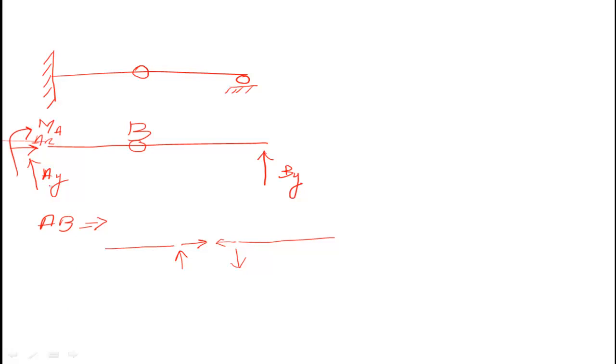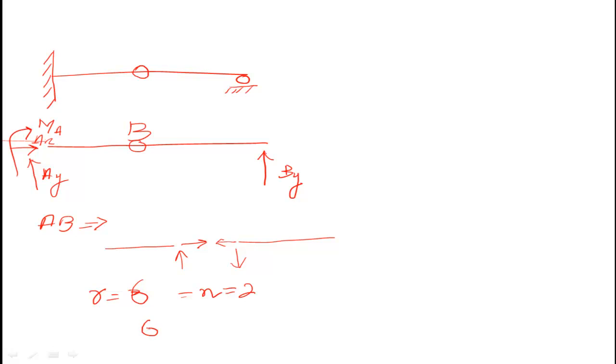Now the total support reactions that you can see are 3 at the fixed end, 1 at the roller end, and 2 at the internal hinge. That means 3 and 2 is 5, and 1 roller support is 6. That means r is equal to 6 and n is equal to 2.